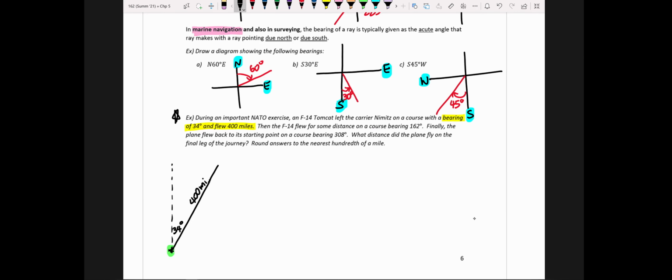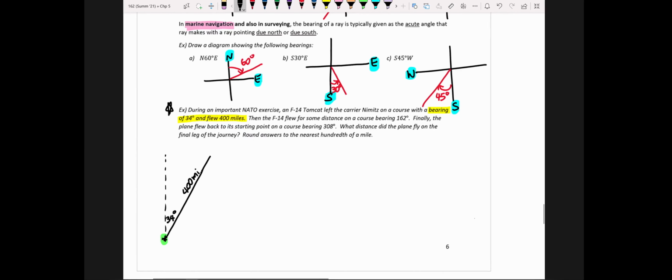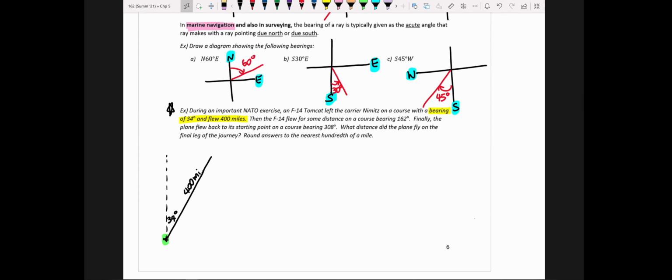Then the F-14 flew for some distance on a course bearing 162 degrees. So we start at the north line and bearing means that we're traveling clockwise. So bearing of 162 degrees. 162 degrees is 18 degrees shy of a straight line. So we are going to be about here.